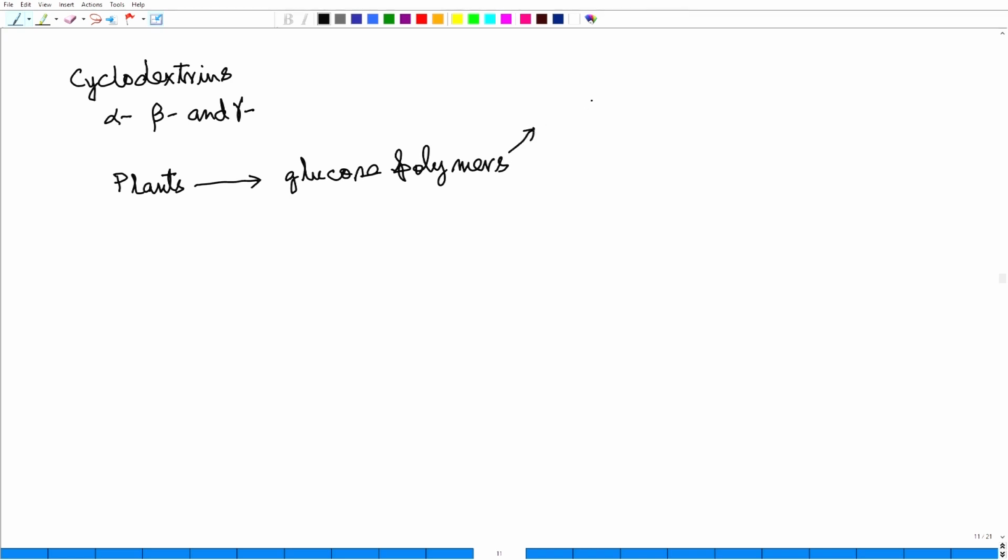One is called cellulose, while the second one is called starch.